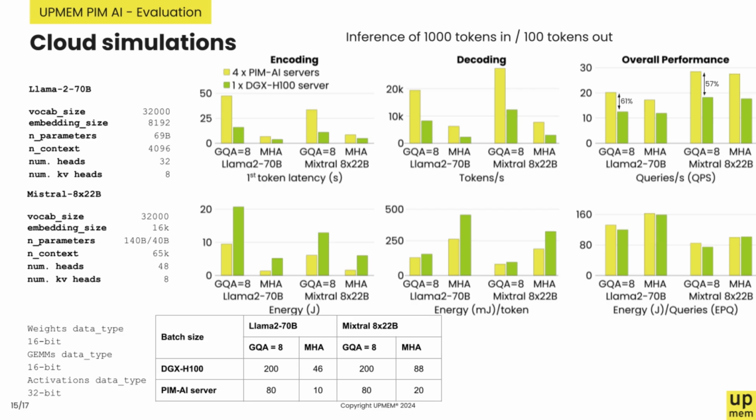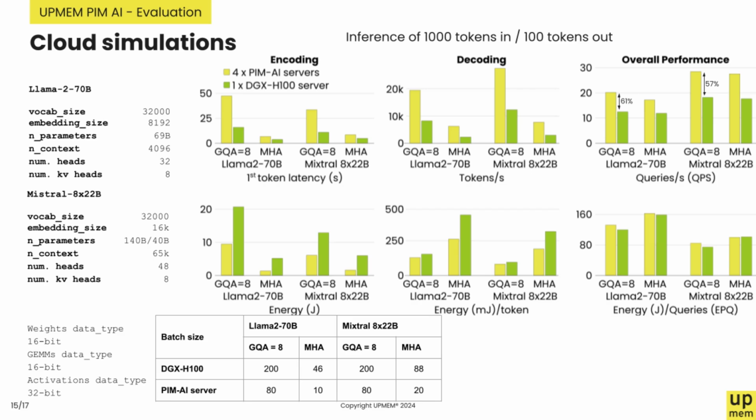In the decoding phase, it's where PIM shines, right? So we are able to generate more tokens per second, so we can execute the model more times per second. And then, in terms of energy, we see again a bit of difference between the GQA and multi-head attention. Again, since we are accessing more data in the MHA, we get more benefits from PIM.